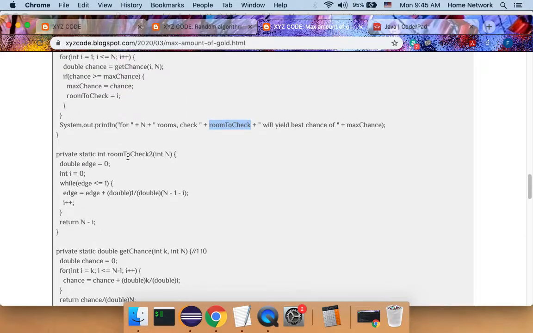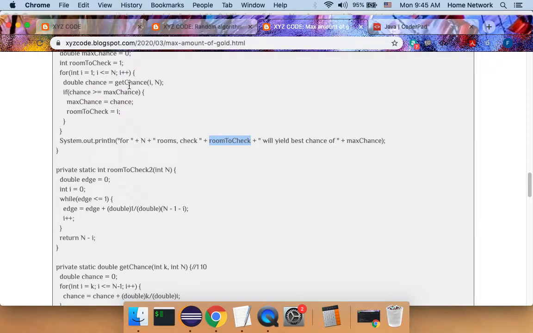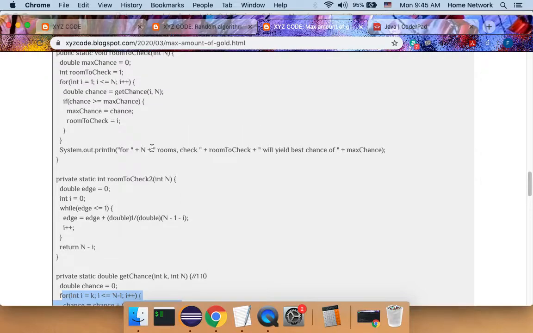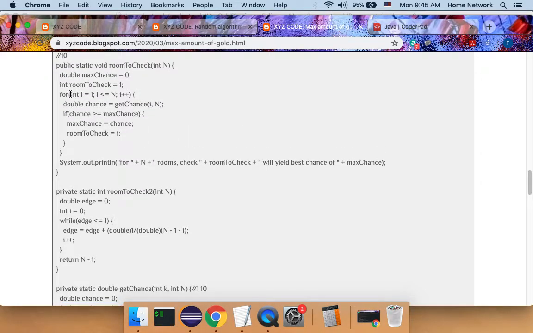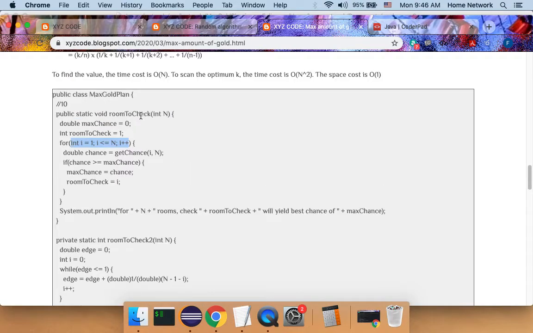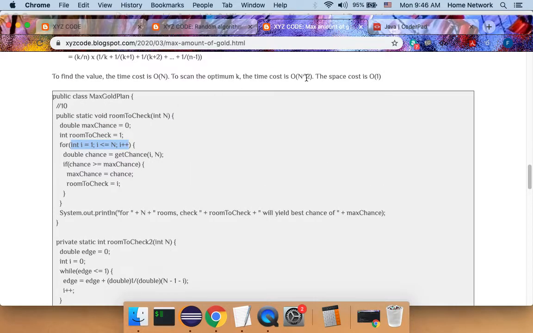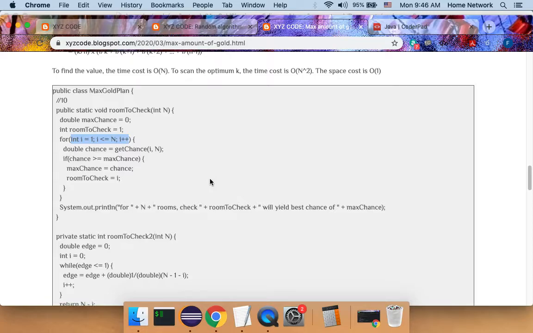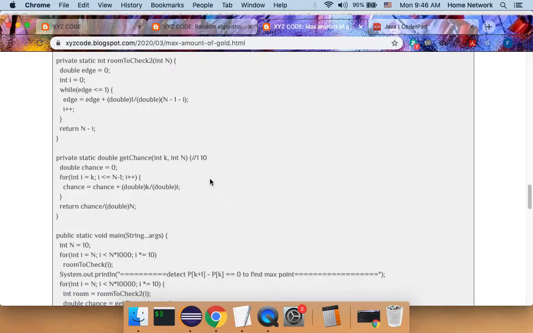For each scan we need to calculate the get chance. The get chance has cost n, and the outer loop iterates n times, so the total time cost is n squared. This is not fast enough if we want to calculate a larger number of rooms, like a million rooms. What is the max optimum value?